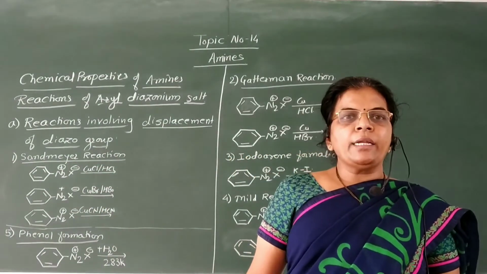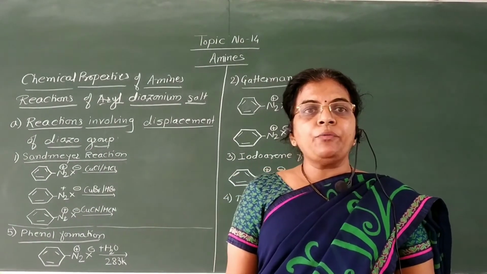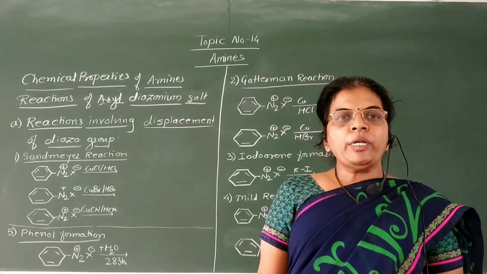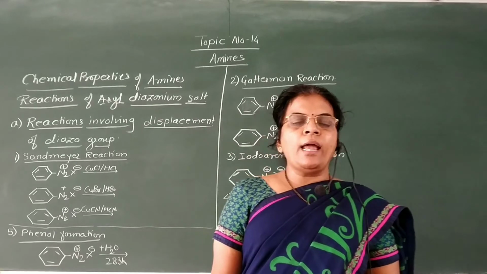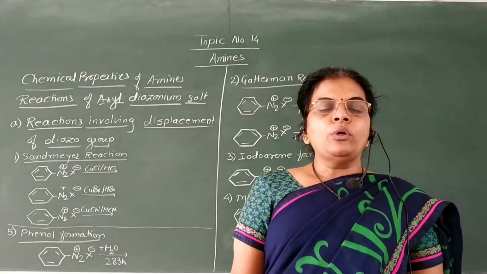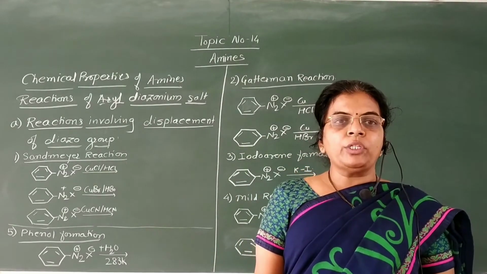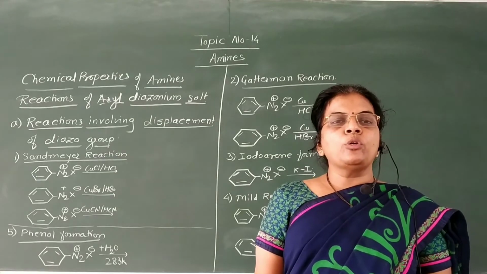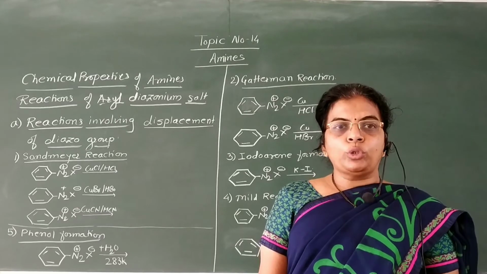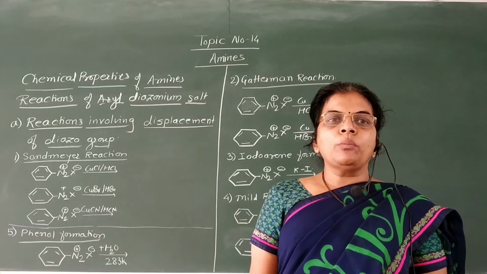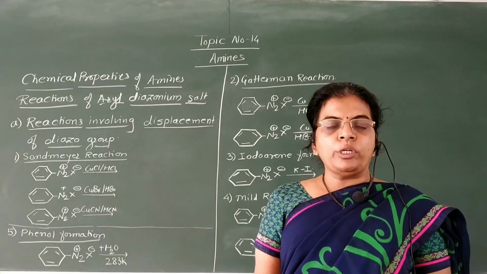Now we have seen that when aniline is treated with nitrous acid in presence of sodium nitrite and concentrated HCl at 273 to 278 Kelvin temperature, it gives benzene diazonium chloride or aryl diazonium salt. Benzene diazonium chloride is nothing but aryl diazonium salt.